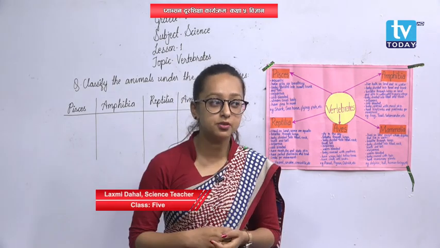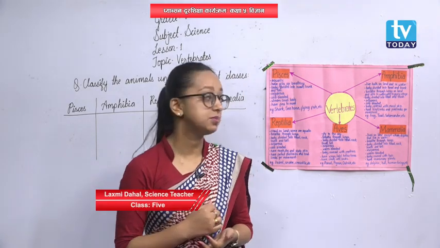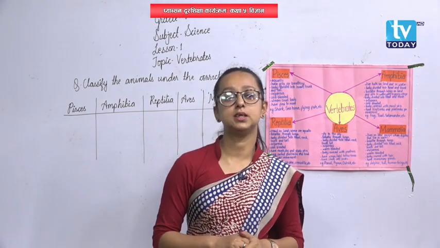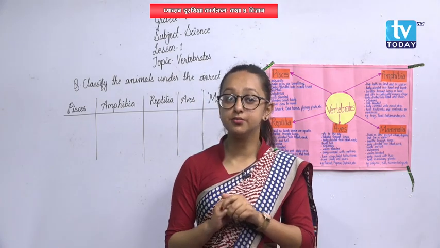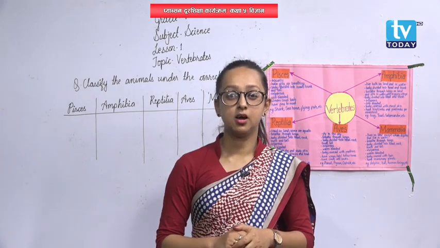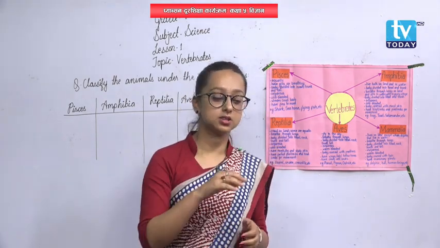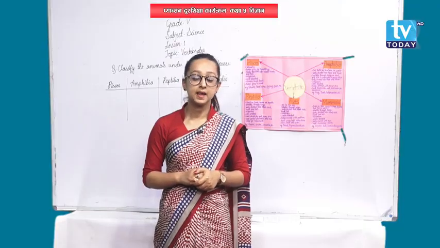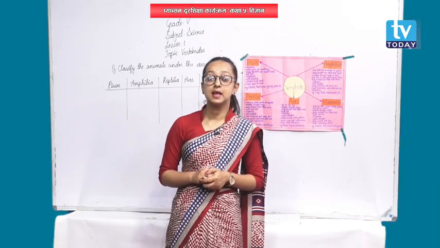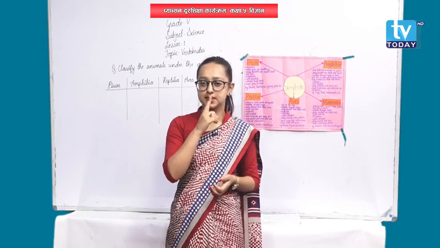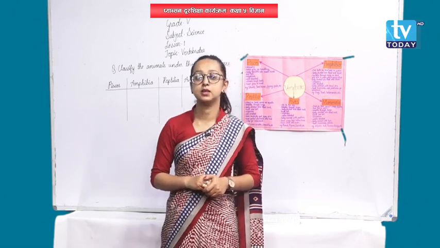But don't get confused, they are also kept in the same class, that is apes only, because they are also birds and their body is covered with feathers. Although they cannot fly for a longer distance, they can fly for a shorter. Yes? And they do have legs for walking also, and also beaks to catch the food they eat.